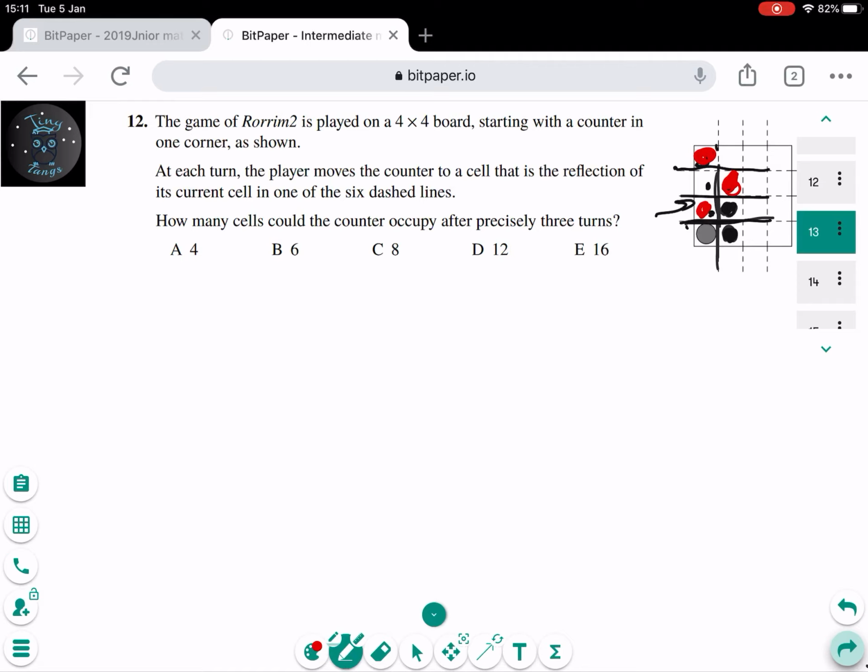After trying this, you can realize that because it's only 3 turns, the places where you have the results have to be on this grid. For example this, but it can't move to another grid because it's 3 turns. If it was 2 turns, it would have been able to do that, but because it's an odd number of turns, it changes to this grid.